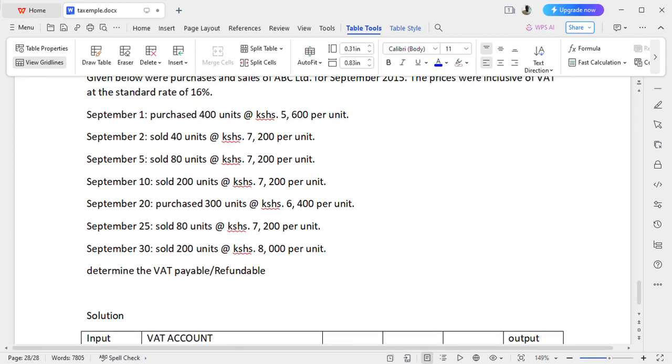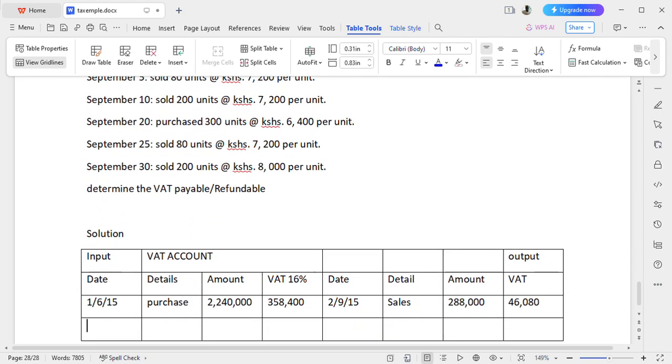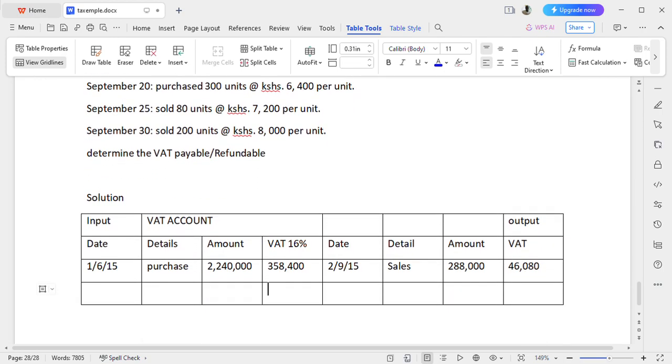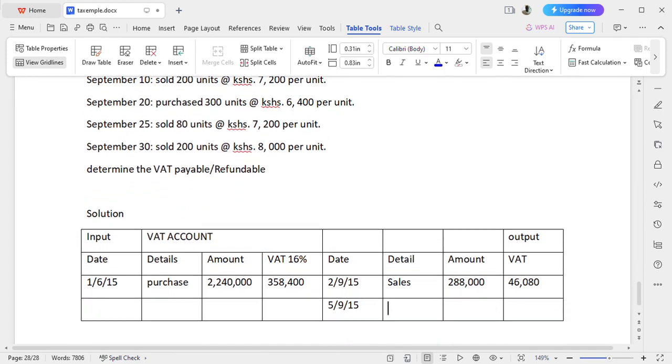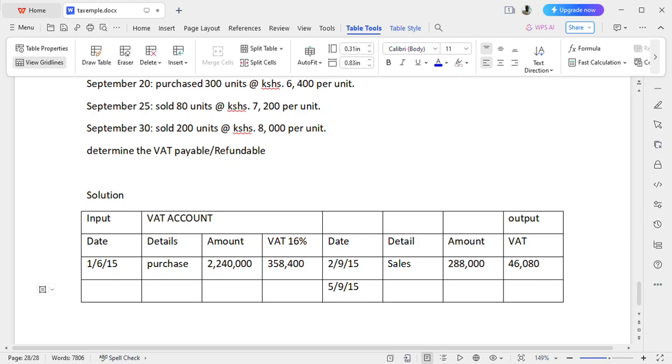Next, sold 80 units at 7,200. That is on 5th September 2015. Again, he sold 80 units at 7,200. You get 576,000.